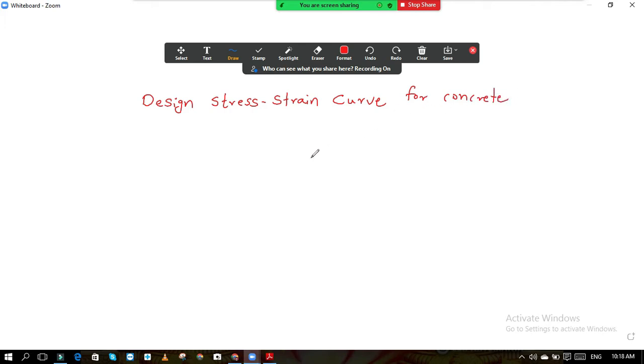Okay, so you know how we calculate the strength of the concrete? FCK: generally what we do, we make a number of cubes. At least three cubes should be there. We always prepare the cubes in multiples of 3: 3, 6, 9, 12, and so on.